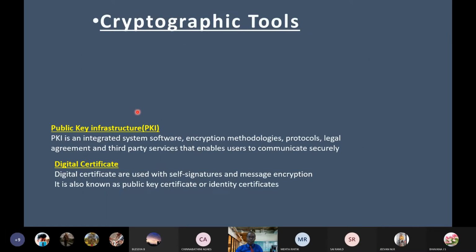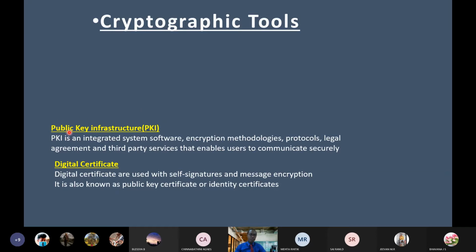Okay, now there is another thing called cryptographic tools. We have completed cryptography, but this is another thing for you to understand. In the cryptographic tools, we have some tools which are used to enforce the confidentiality and also the integrity of our data.